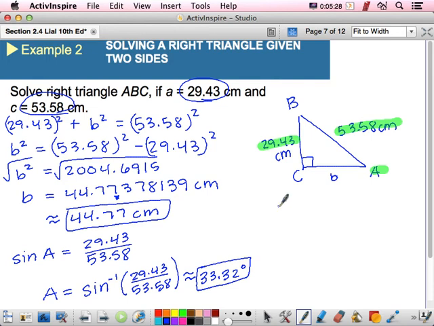So capital B has to equal 90 minus capital A. Which is 90 minus 33.31709144, and we got 56.68 degrees.